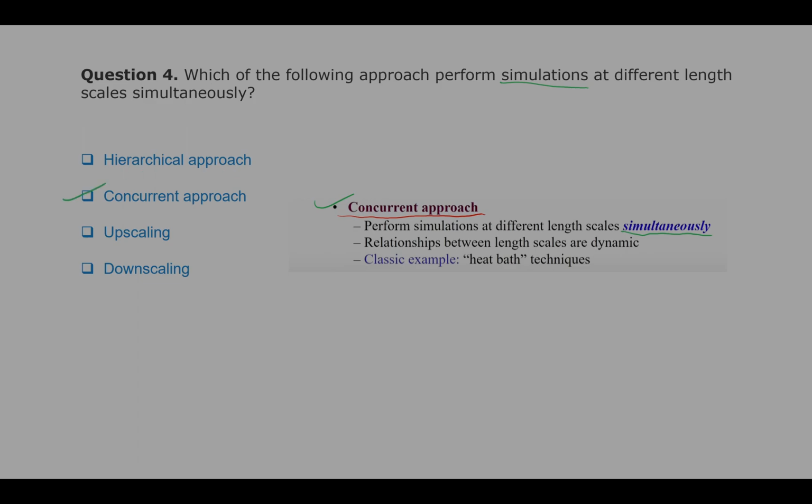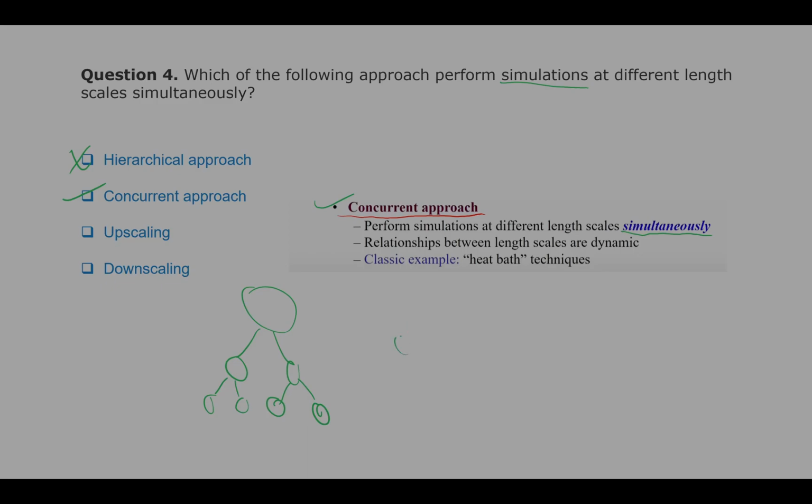The hierarchical approach is not for this one. Hierarchical is like going from bigger to smaller, or we can say larger to smaller, so this is also not correct. And upscaling we know already.